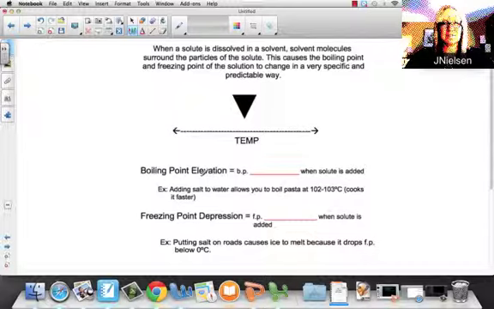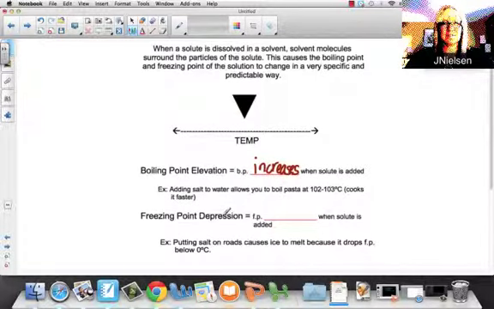So when we're talking about boiling point, the boiling point increases when solute is added. So when we add salt to water, it allows you to boil the pasta at 102 to 103 degrees, so it cooks faster.